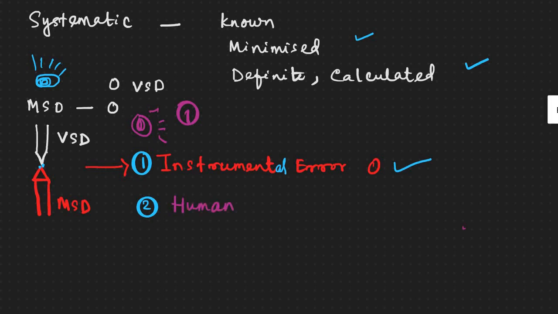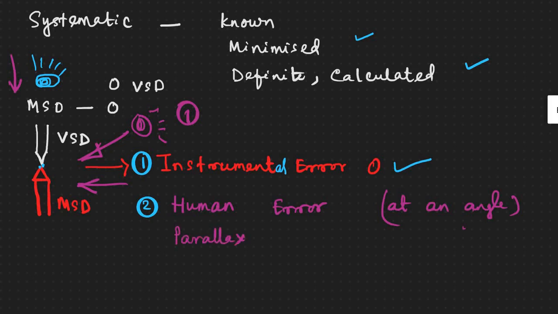Why? Because he is watching it at an angle, not from the top view or a vertical view. He is not watching from this side or totally this side. He is watching at an angle. That's how human error happens, which is also called parallax error.